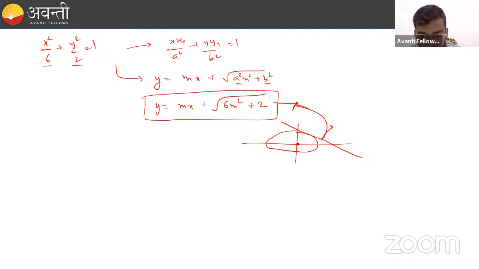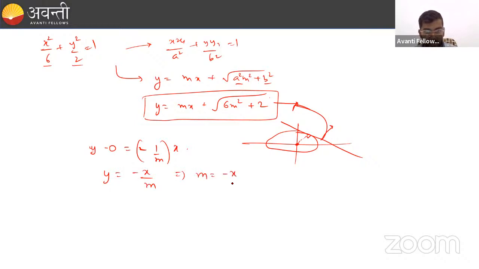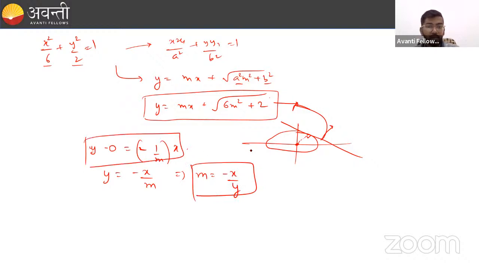If we know the slope of this line, then the foot of the perpendicular line passes through the origin. So the equation of the line is y minus 0 equals minus 1 by m into x, so m will become minus x upon y. So this is the equation of the line passing through origin and perpendicular to the given tangent, right?